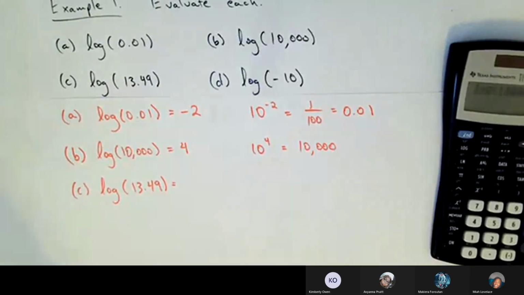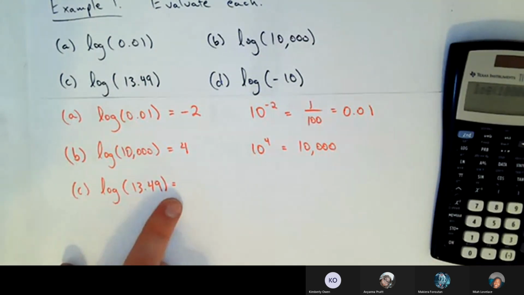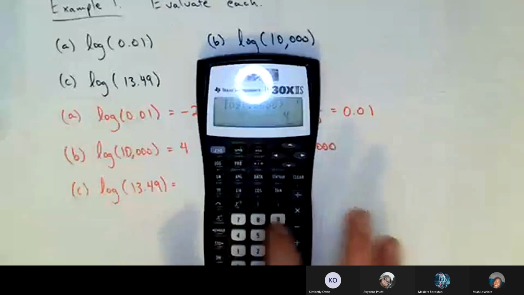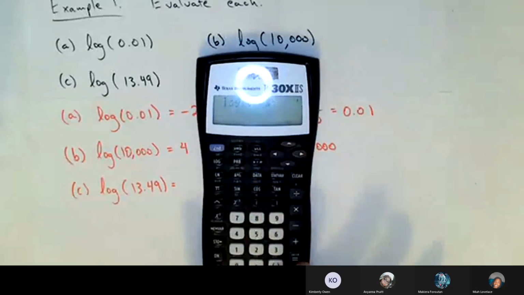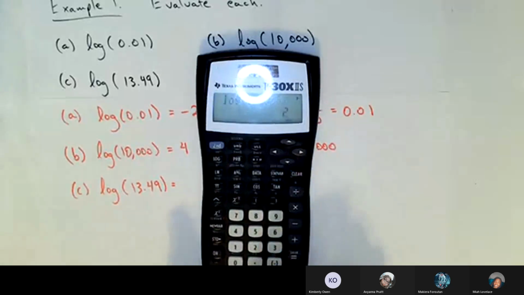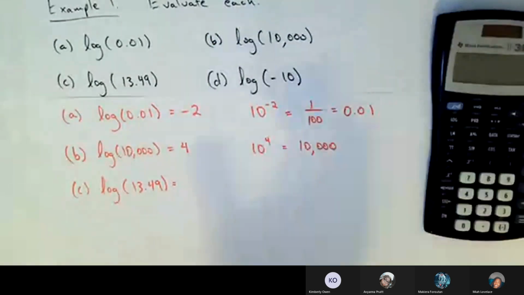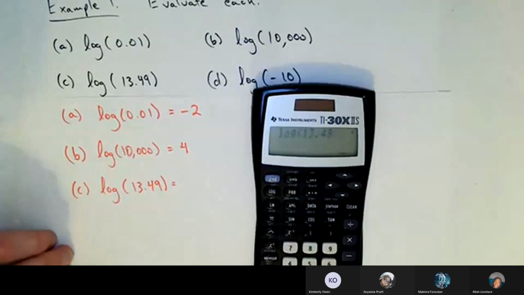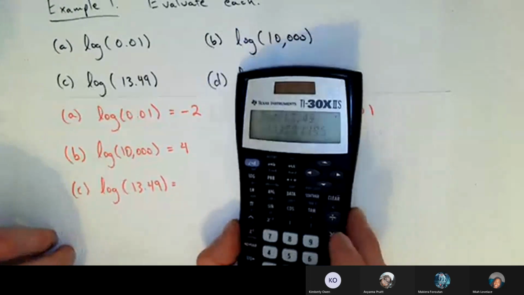Now, I can tell you that I think it will be a little bit more than 1, because I know that log base 10 of 10 should be 1, and then log of 100 will be 2. So that means that log of 13.49 should be between 1 and 2, probably very close to 1. So let's see what we get. 1.13.